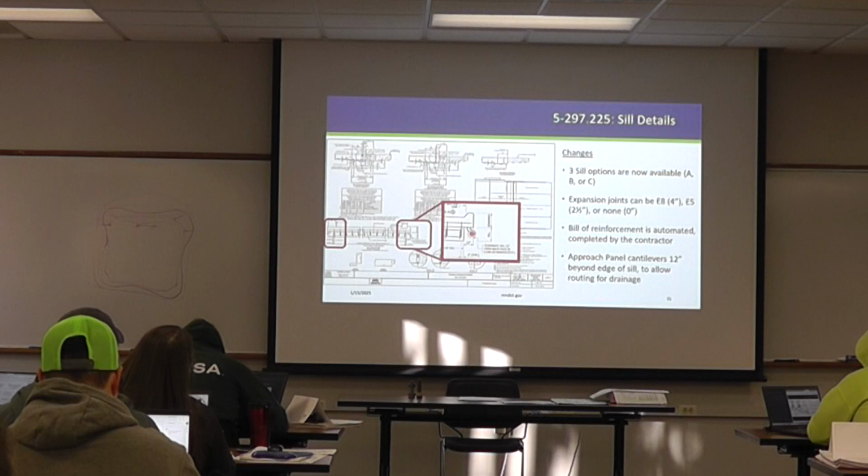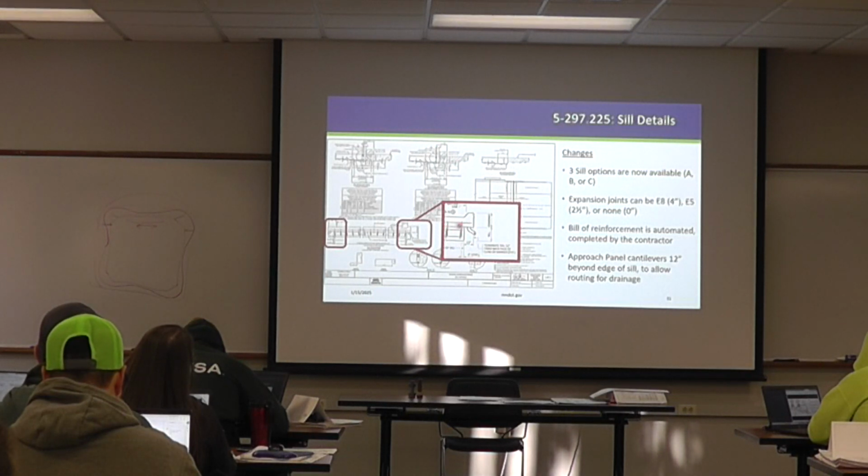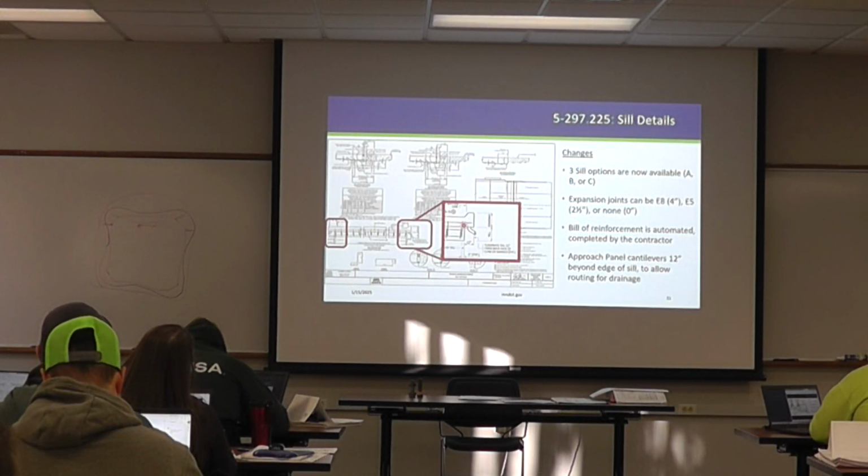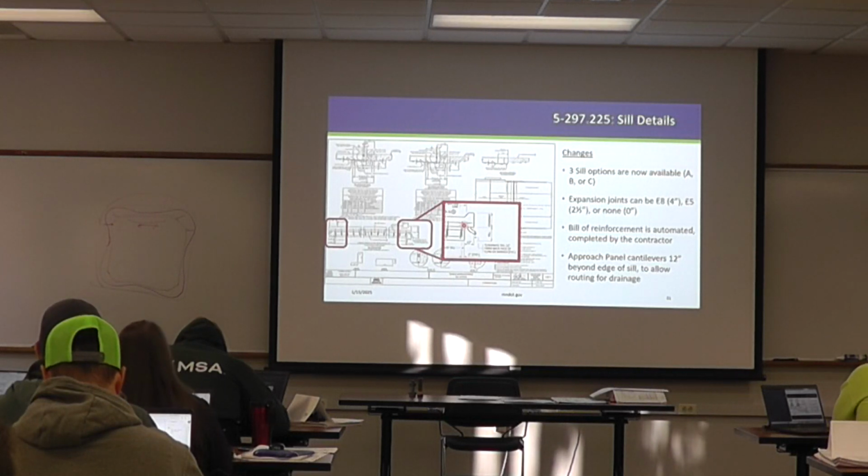I think that used to interfere with the posts from the 694 standards. And so by providing this 12-inch cantilever, there's a little bit of wiggle room for us to maneuver that drainage away from where those posts would be, basically the gutter line posts, right? So, sorry, not the guardrail posts.